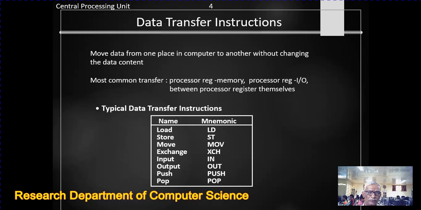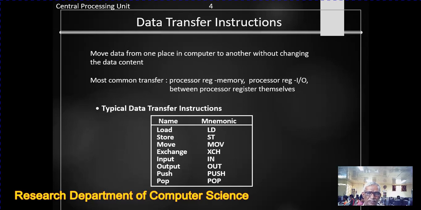First we discuss data transfer instructions. Transfer means moving from one place in the computer to another without changing the data content. The most common transfers are between processor register and memory, processor register and input-output, and between processor registers themselves.